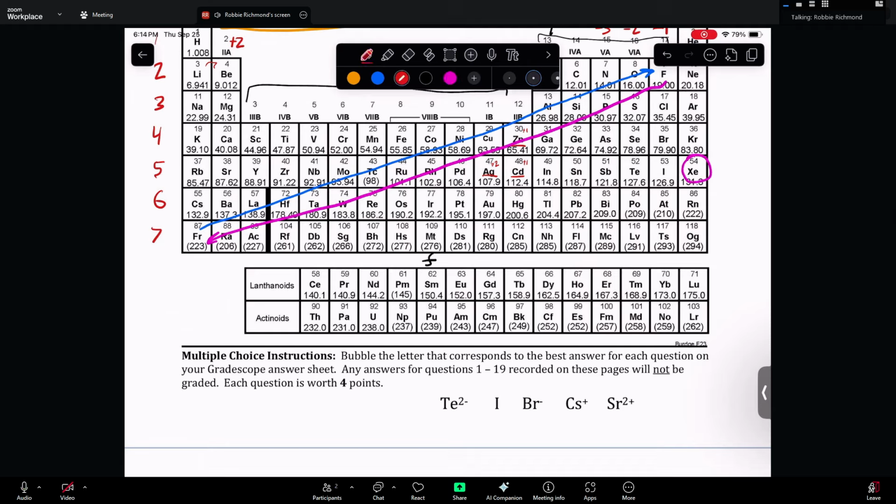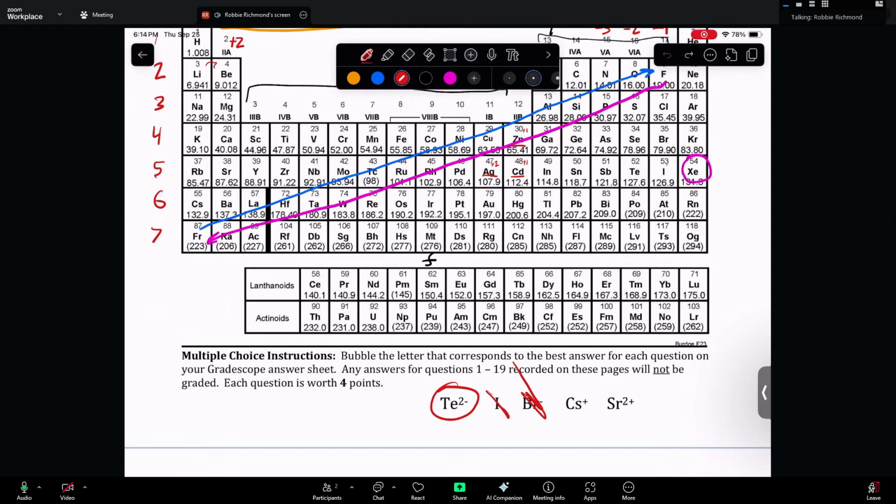So I see Te2-. Te is right here. If I added 2 electrons, that would have the same electron configuration, aka isoelectronic. Iodine, that's ground state iodine. Nope. Bromine, if I added 1 more electron to bromine, that would be the krypton electron configuration. Nope. Then Cs+. Cs is right over here on the left in row 6.